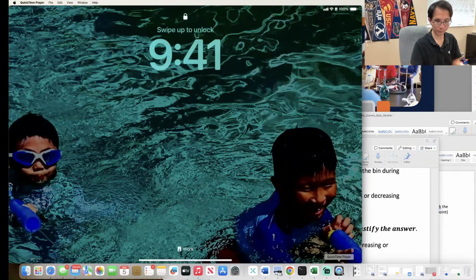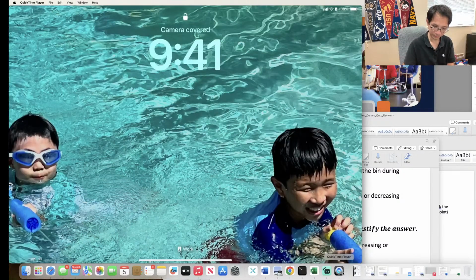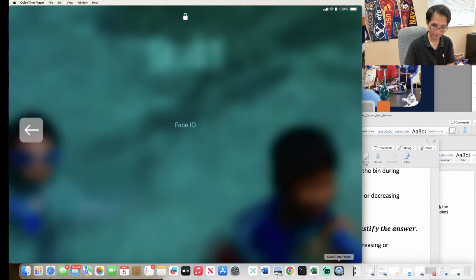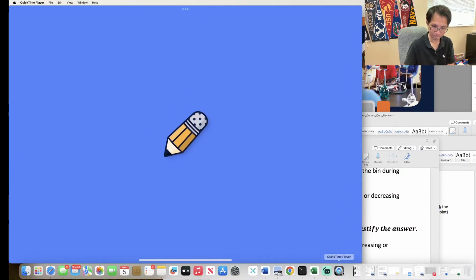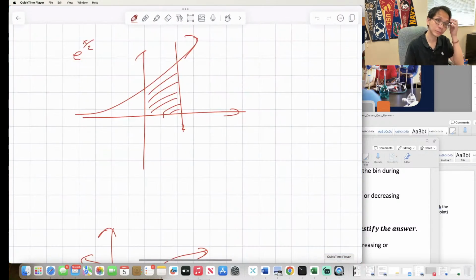It's still touching the axis. Basically you're trying to find the distance between the curve and that line, and then you spin around. So it's kind of like the area between the curve and the axis.